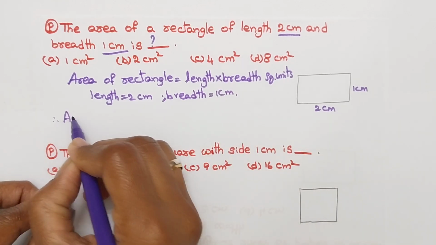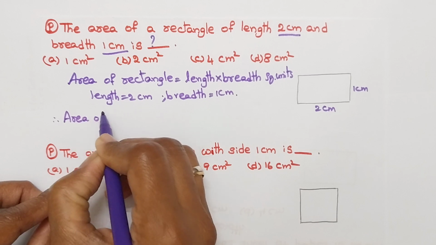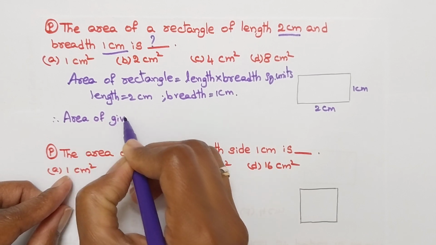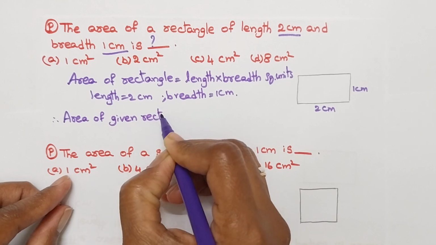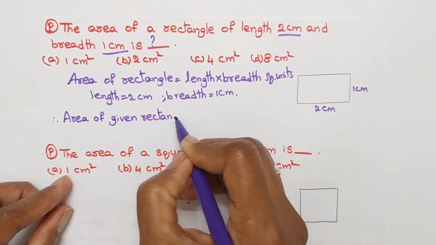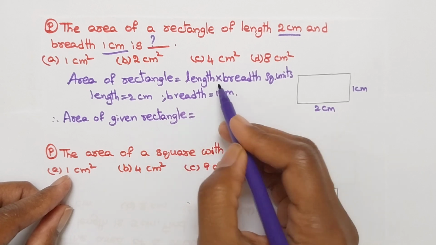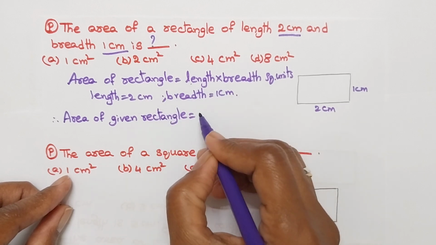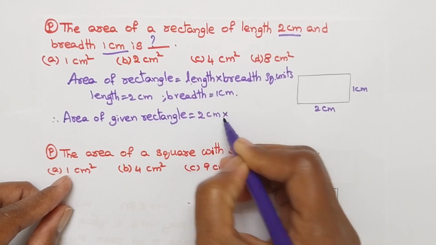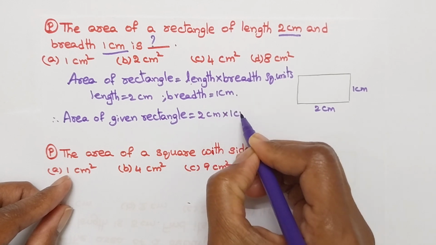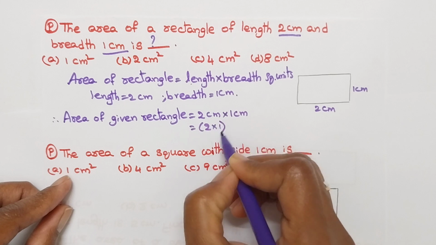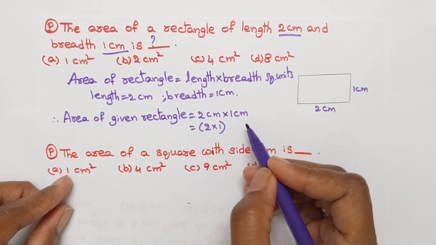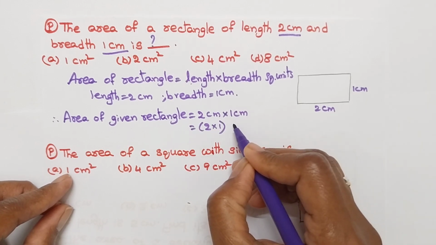Therefore, area of the given rectangle equals length 2 centimeters into breadth 1 centimeter, that equals 2 into 1, centimeter into centimeter, centimeter square.